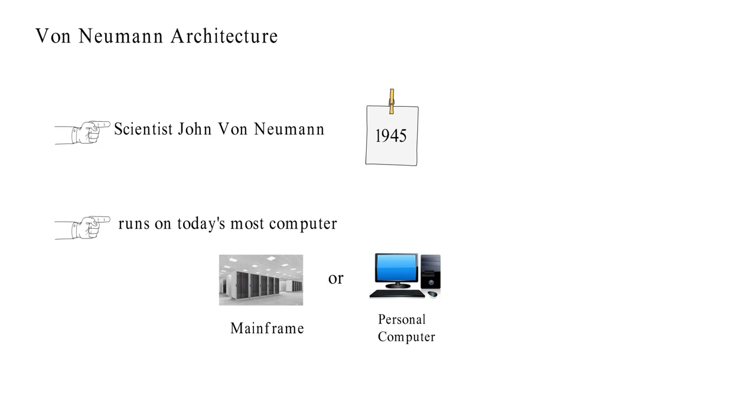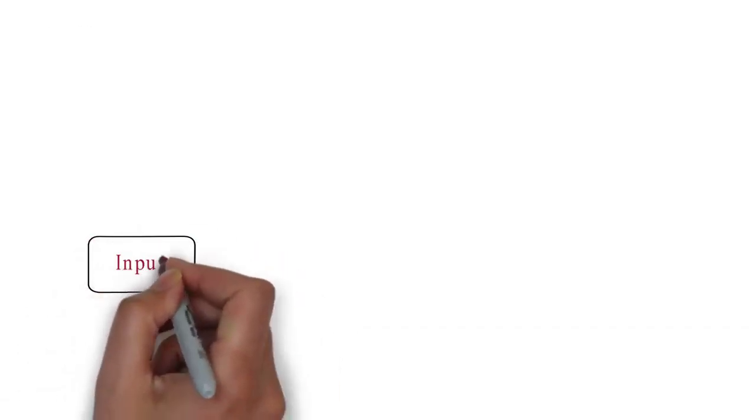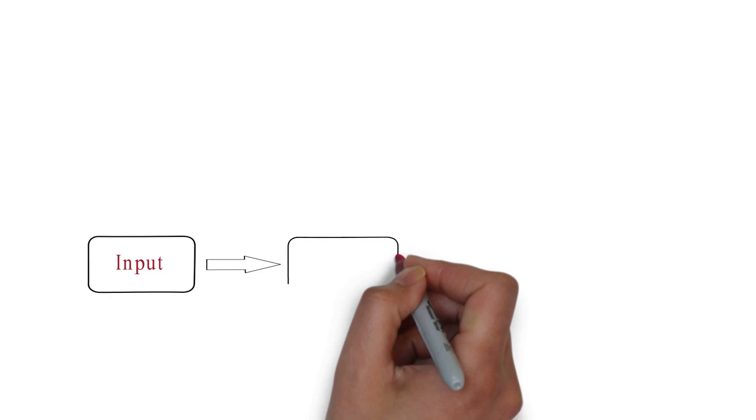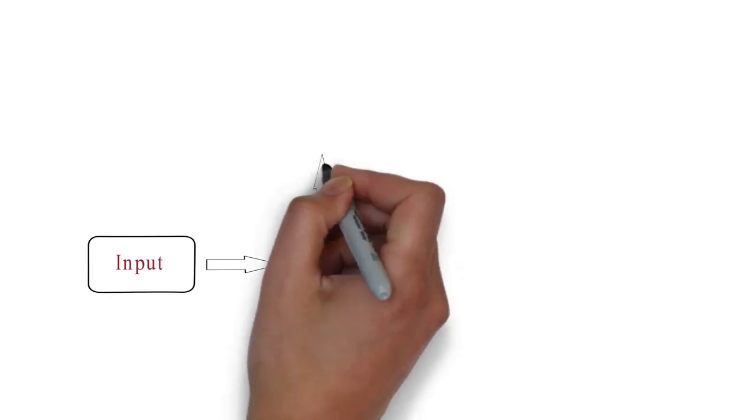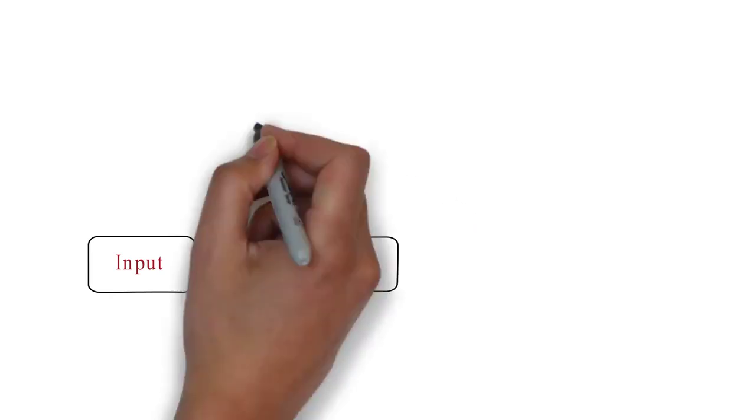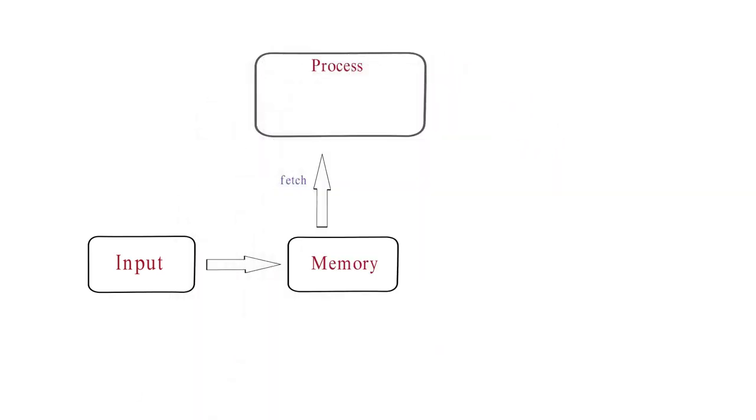Let's see the architecture. Input comes and stores in the memory. The input becomes the command and ready to process. The processor fetch the command from memory. There is two part in the process. First CU, control unit.